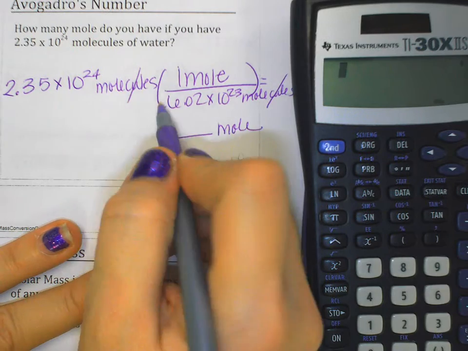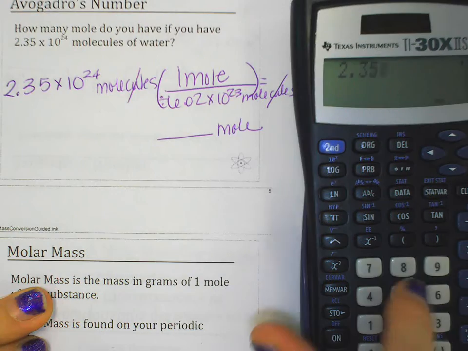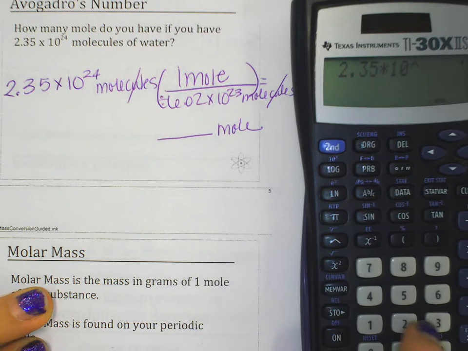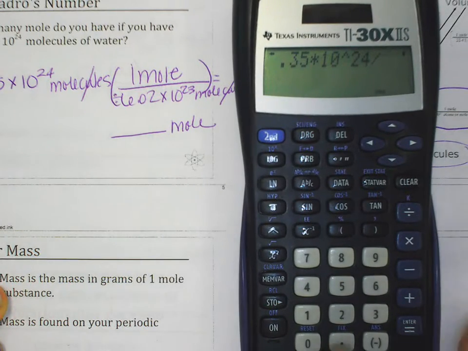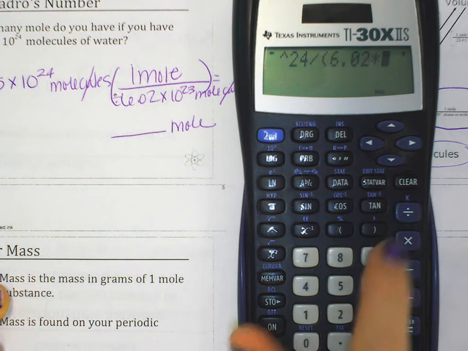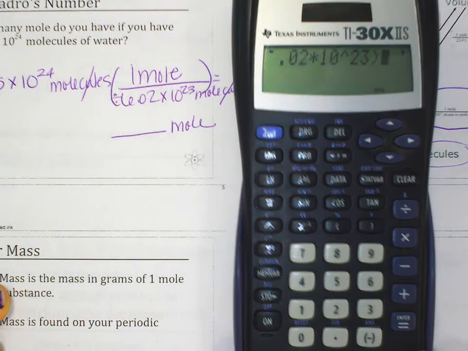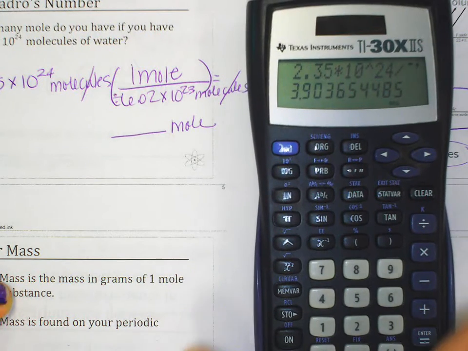You're going to divide because it's on the bottom this time. So I'm going to type everything in, 2.35 times 10 to the 24th. When I divide, I have to put Avogadro's number in parentheses. Divided by parentheses, 6.02 times 10 to the 23rd. Close my parentheses. Now I'm going to get my answer.